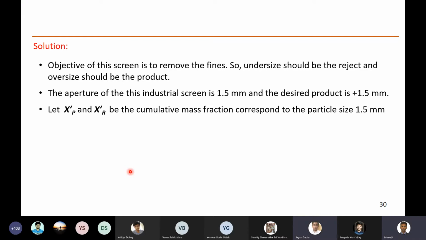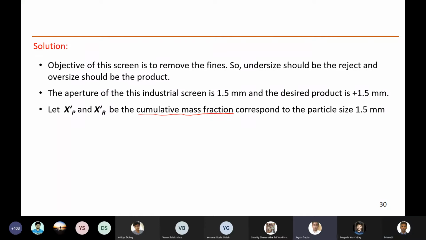Just check the last class and tell me what you understand by cumulative mass fraction. So I think no, because cumulative mass fraction starts from 0 till 1.5 and we need to remove the finer particles, so it will be the mass fraction of the undesired. Okay, so when we say cumulative mass fraction of particle size 1.5 millimeter, what do you understand by that?